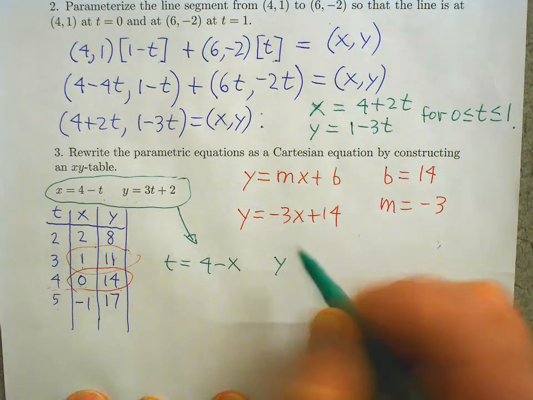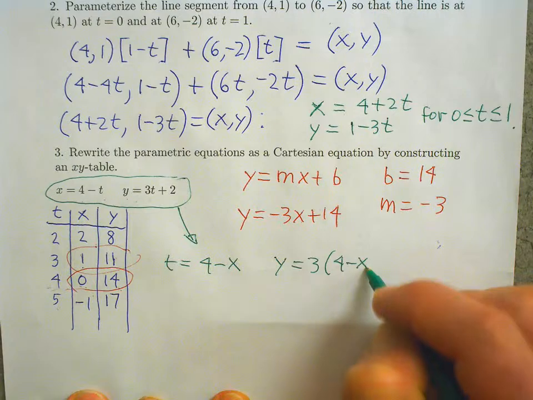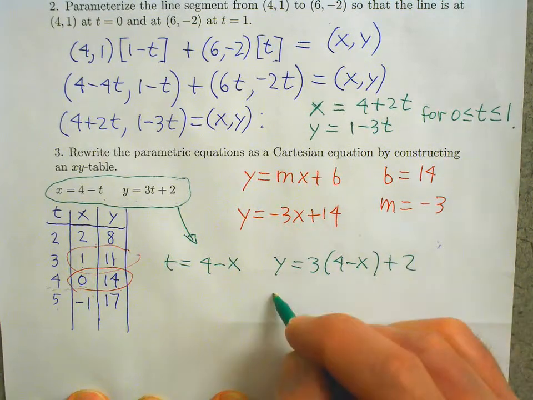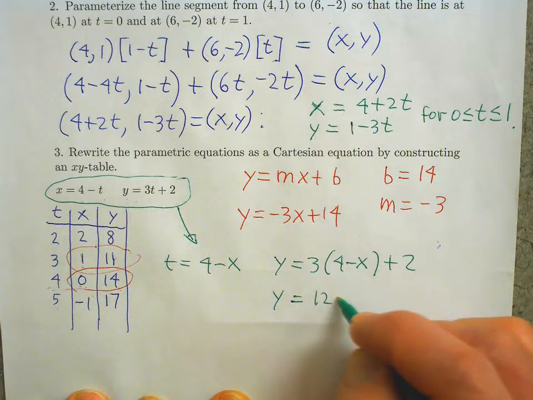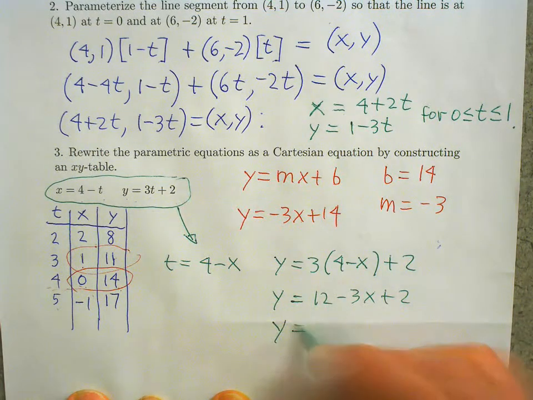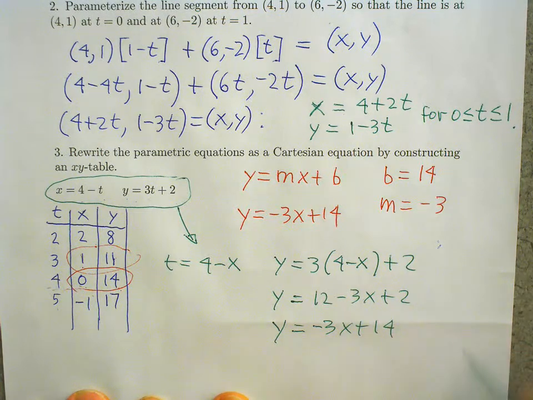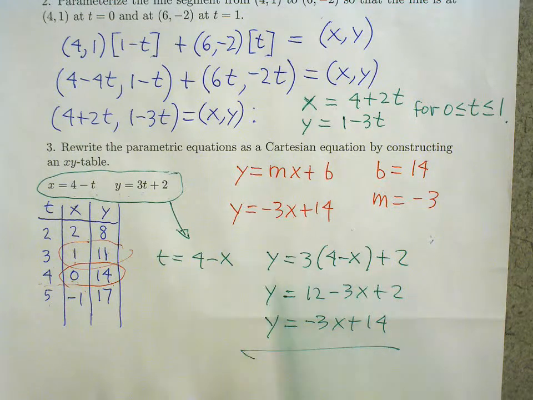And then in the other equation, replace t with 4 minus x. And do the arithmetic. So 3 times 4 is 12 minus 3x plus 2. And we get y equals negative 3x plus 14. Okay, so we verified that we have the right equation in about 3 different ways.